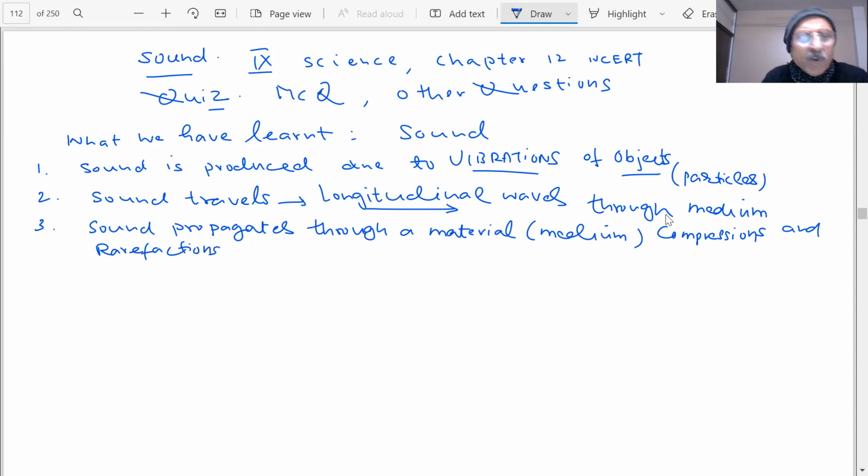What are compressions? Compressions are where particles come close to each other. The particles are vibrating, coming closer and closer. This is a region of high density.